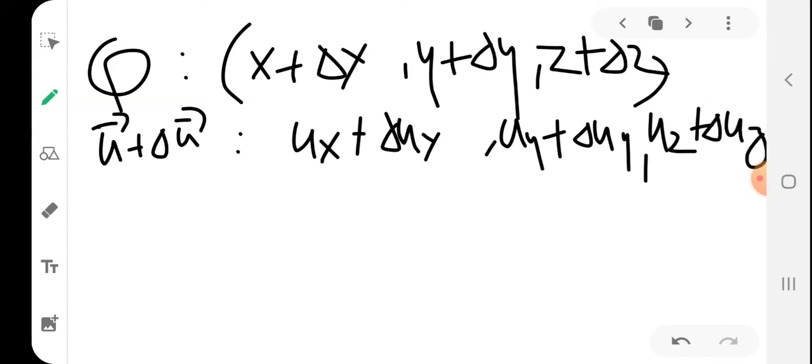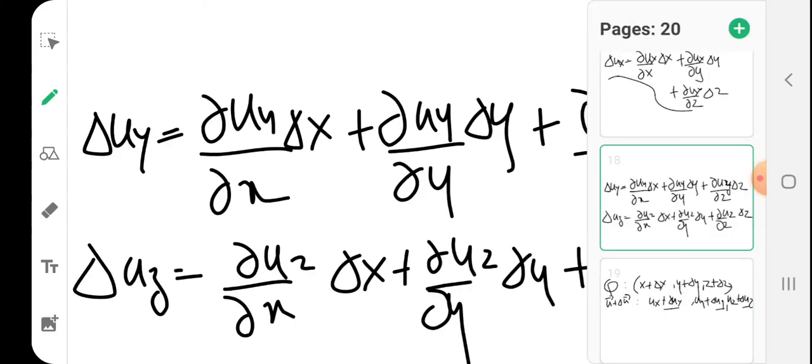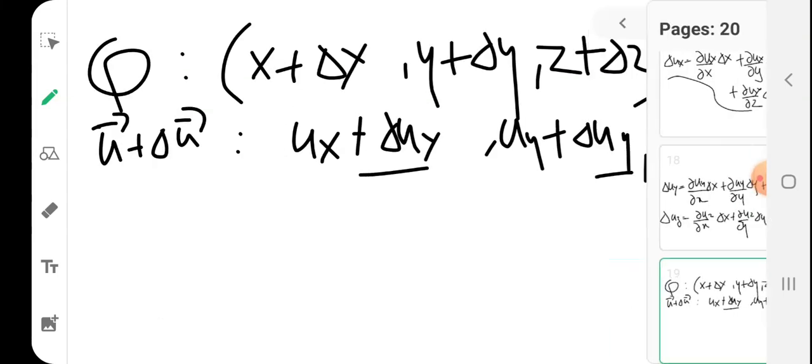We studied how to write delta ux, delta uy and delta uz using the first order approximation, so you know how to write these equations.